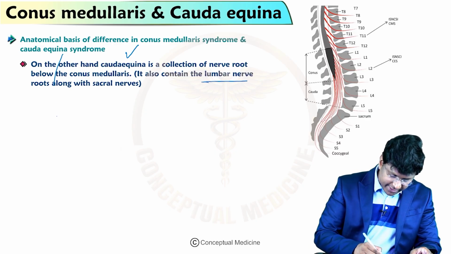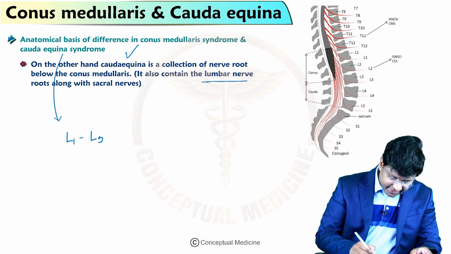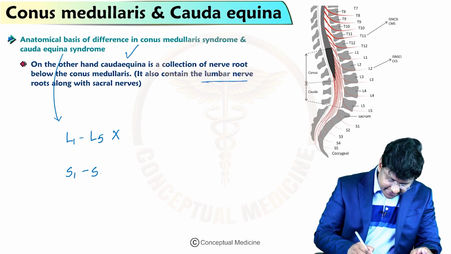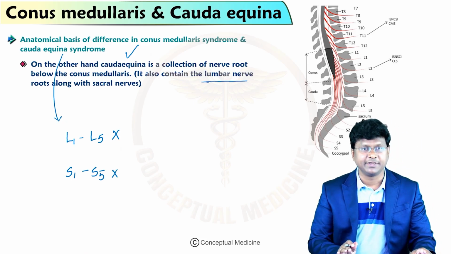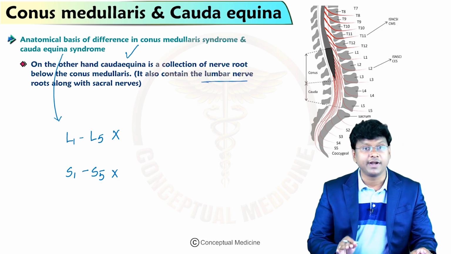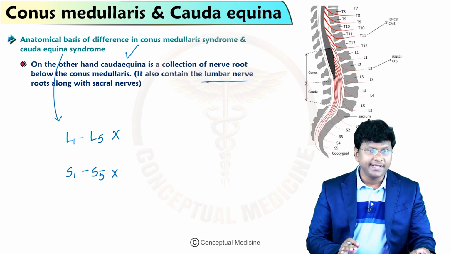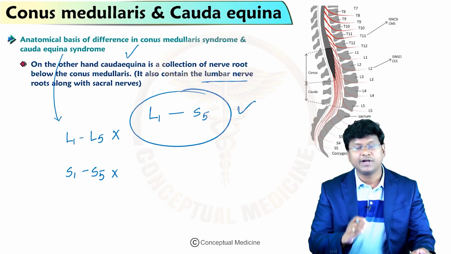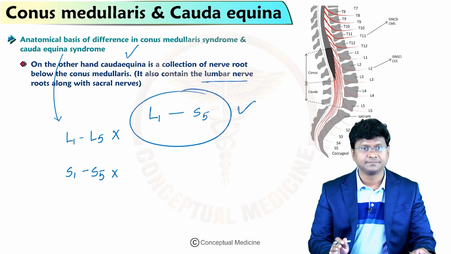So, in case of the cauda equina syndrome, your L1 to L5 spinal nerves are damaged and S1 to S5 spinal nerves are damaged. It will affect all the way from L1 to S5 in case of cauda equina syndrome, right?